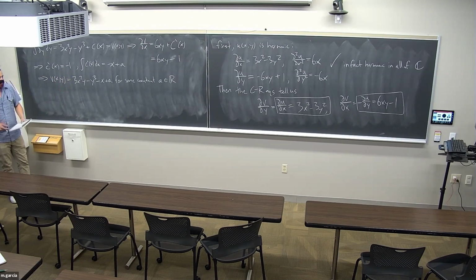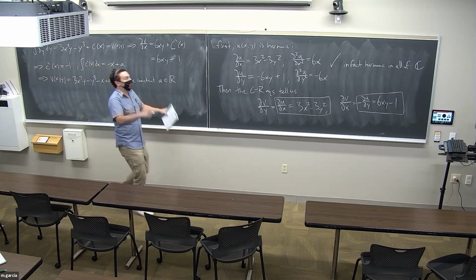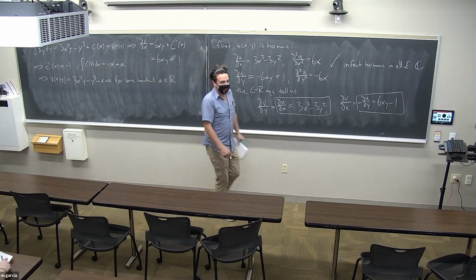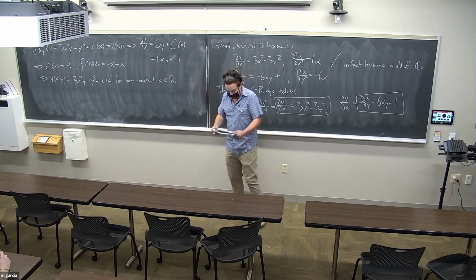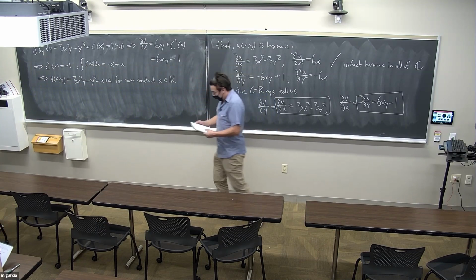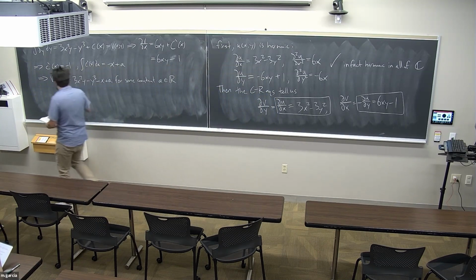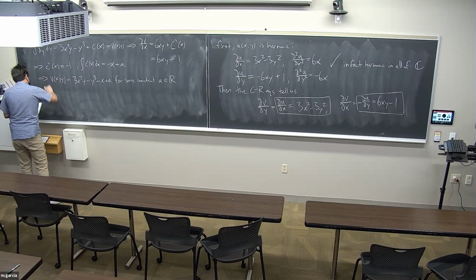Okay, so I guess my terminology was a little ambiguous, right? I said the harmonic conjugate, but really what I mean is that there are many functions that satisfy this. You can construct an analytic function from a given harmonic function. Okay, so just to give a complete solution here, right?